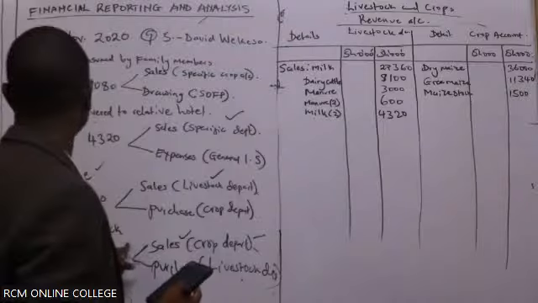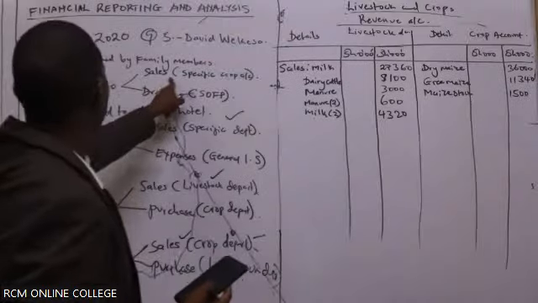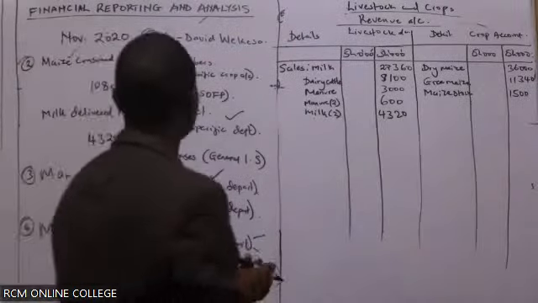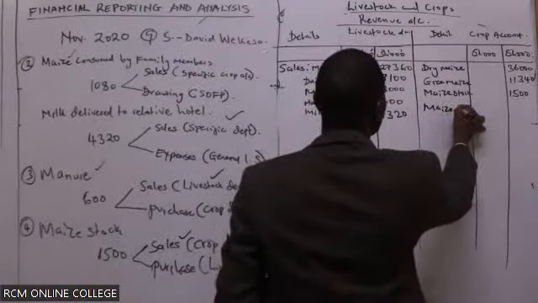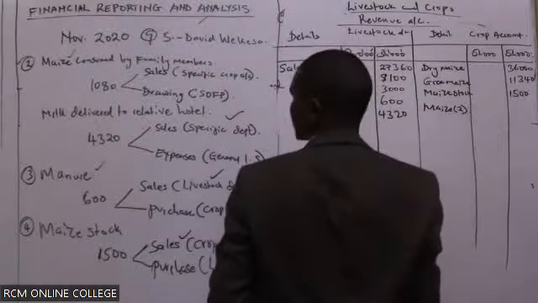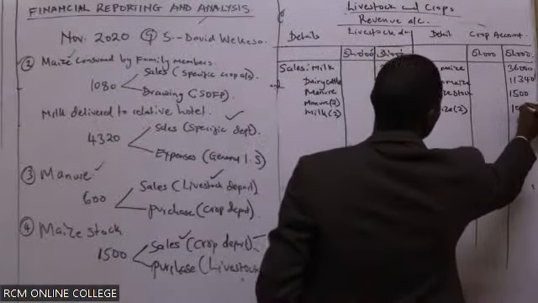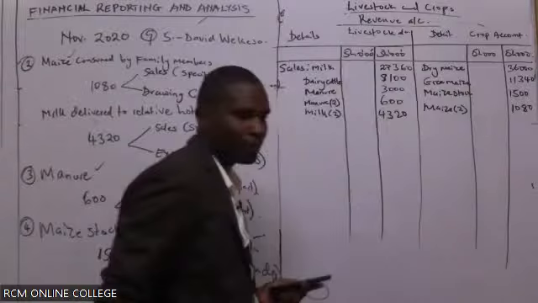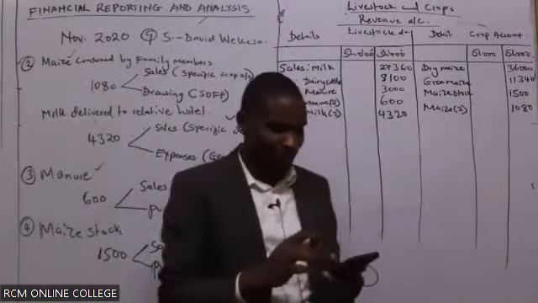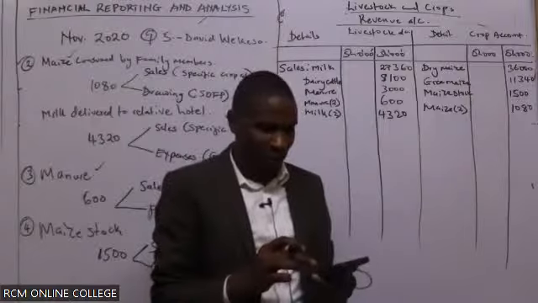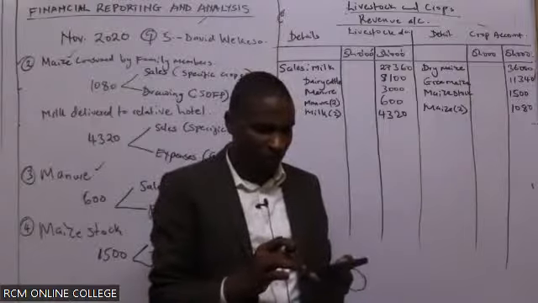Maize stock, sawa? Okay. Yes. Maize 2. Maize consumed 2. Yes, that is true. 1080. Hizi items ni mingi sana. Any other item tumebakisha yenye hatujaadjust ama tuko sawa sasa?